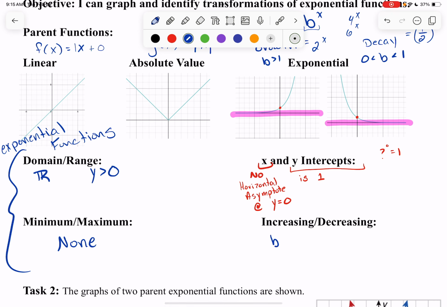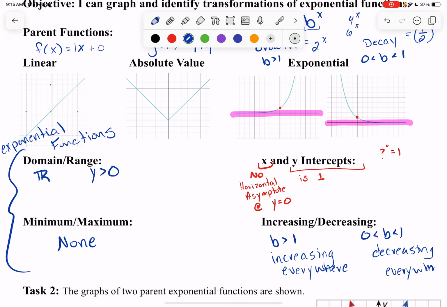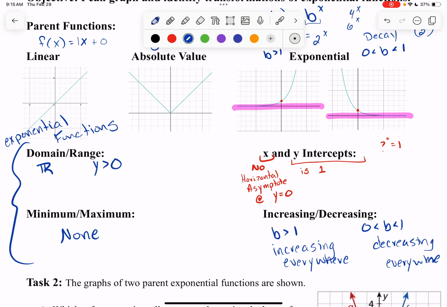Well, if it's a growth, if the b is greater than 1, it's going to be increasing across the entire domain, increasing everywhere. Whereas if the b is less than 1 but bigger than 0, it's going to be decreasing everywhere. Again, here we're just talking about the parent. These things do change as the function changes.